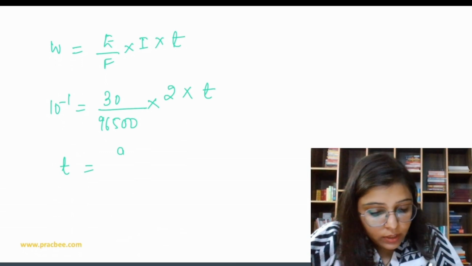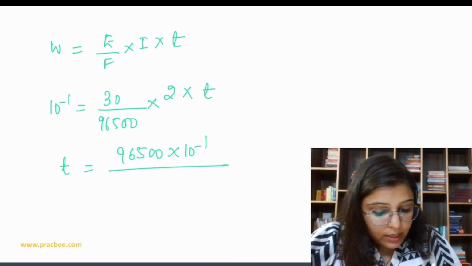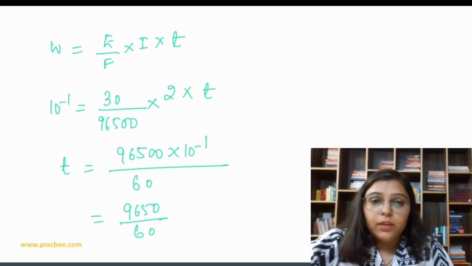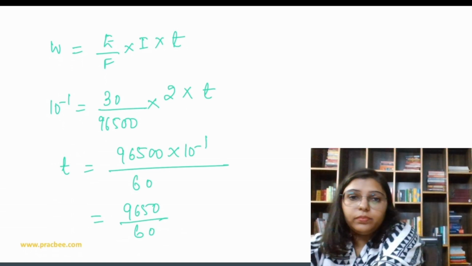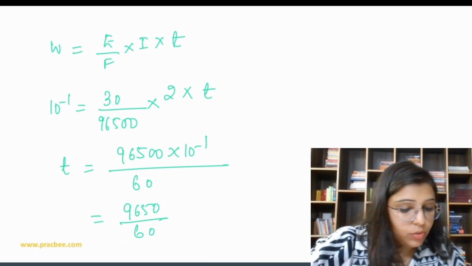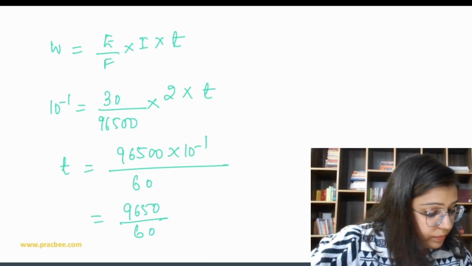T is equal to 96500 into 10 to the power minus 1 divided by 60. Okay, so we get 9650 upon 60. Okay, so on solving, what do we get?